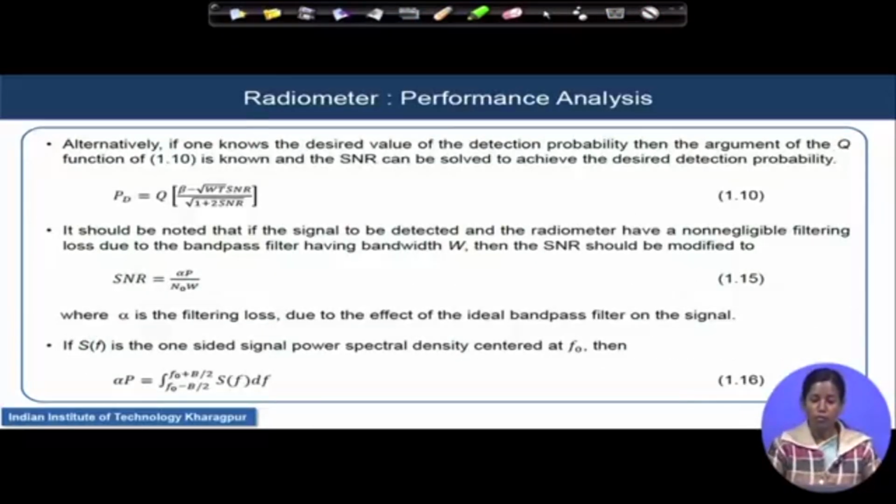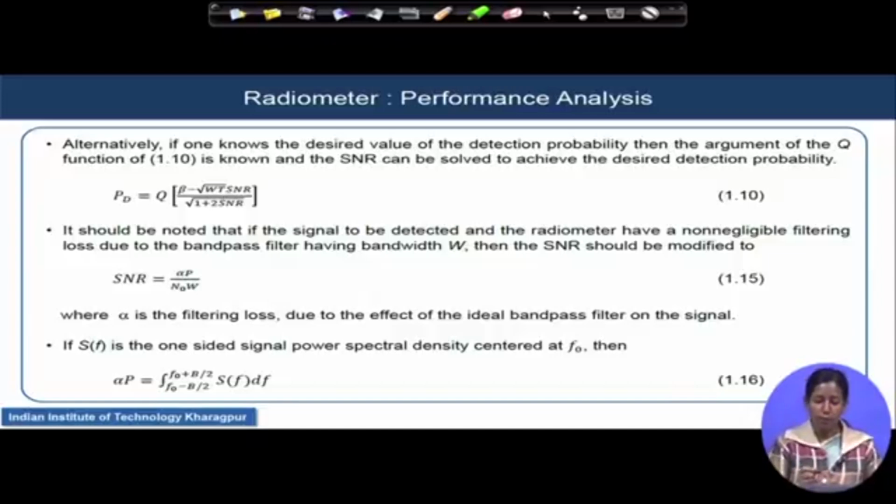Alternatively, suppose you know the detection probability itself, then the argument of this Q of the detection probability, this whole argument you can calculate, and then you can also calculate the SNR if beta is given. So vice versa, either you know SNR and you compute the detection probability, or you know the detection probability and the beta value, and you compute the SNR.